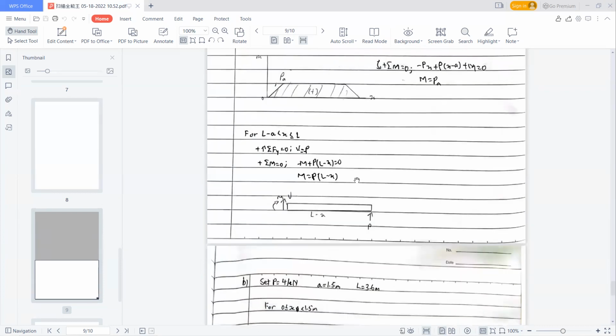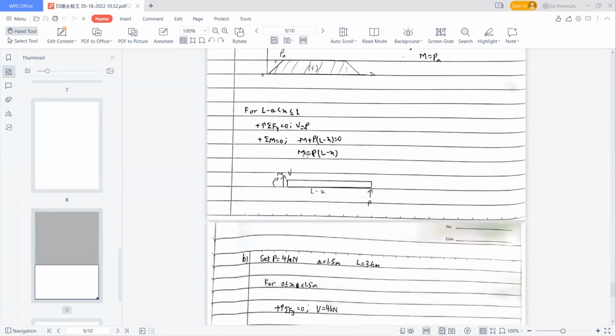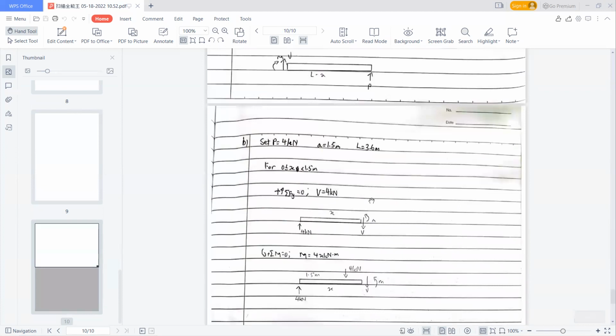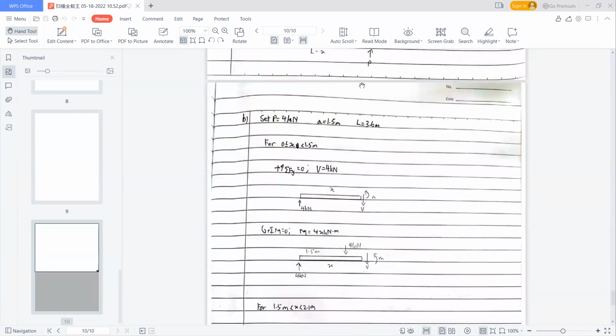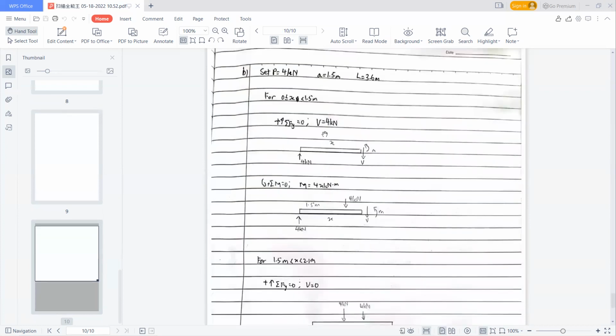Next, for L minus a less than x but less than or equal to L, since sum of Fy equals 0, V equals negative P. The negative P means the force is from the bottom to the upper part. For part B, we have P equal to 4 kilonewtons, a equal to 1.5 meters and L equal to 3.6 meters.